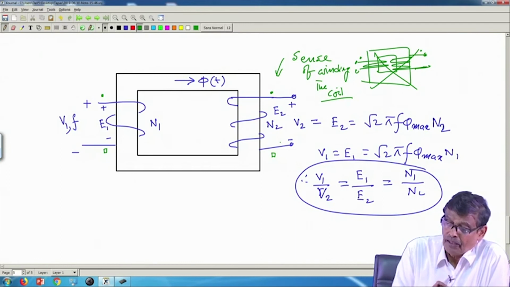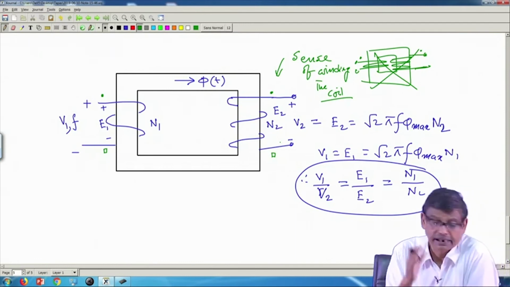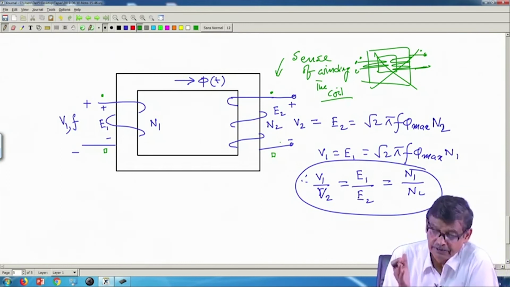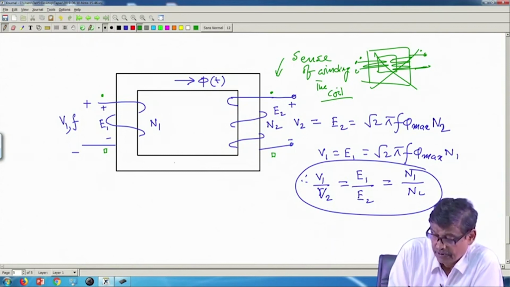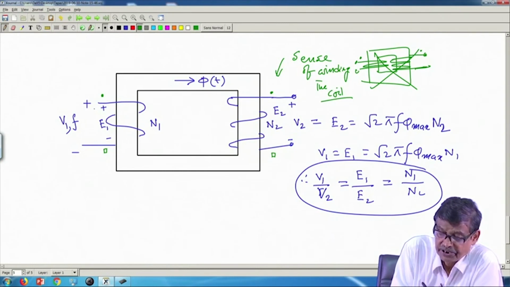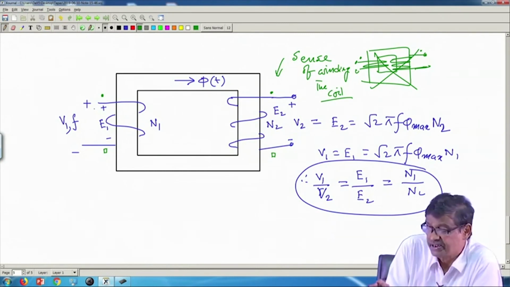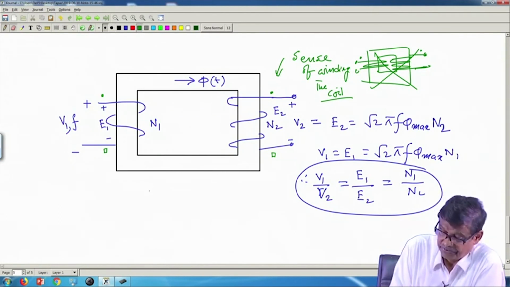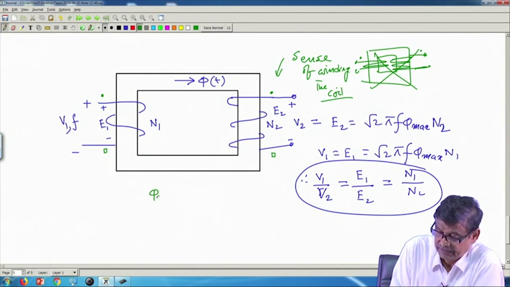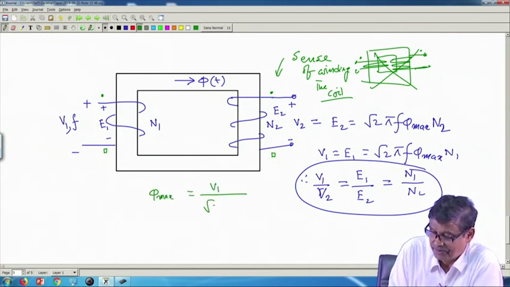So, we are discussing the ideal transformer, and the ideal transformer is that transformer which requires vanishingly small magnetizing current to create a finite flux of strength V1 by root 2 pi f N1.